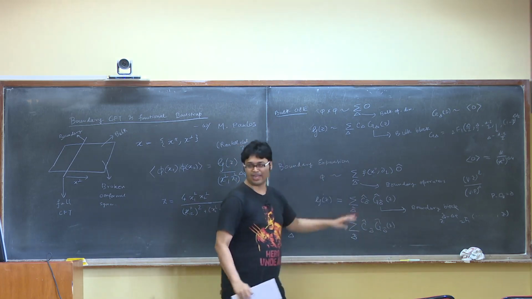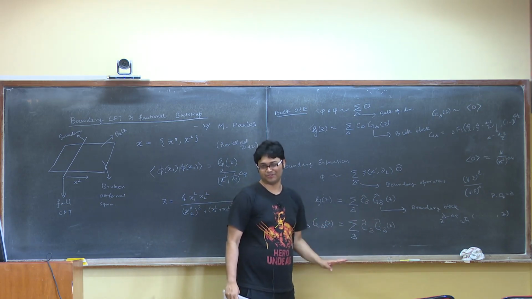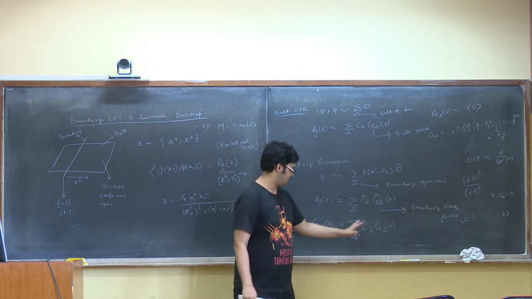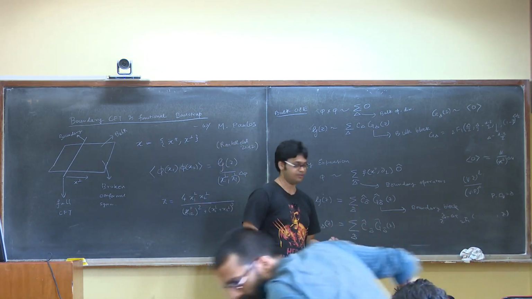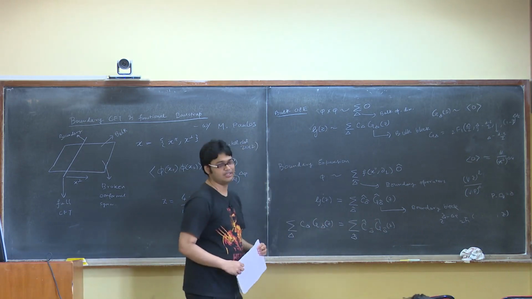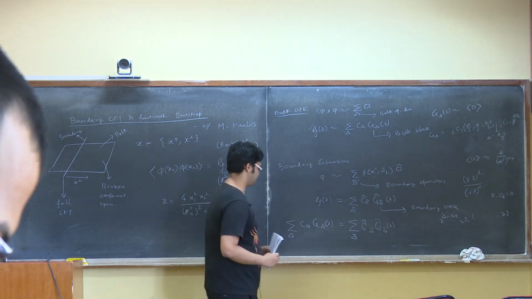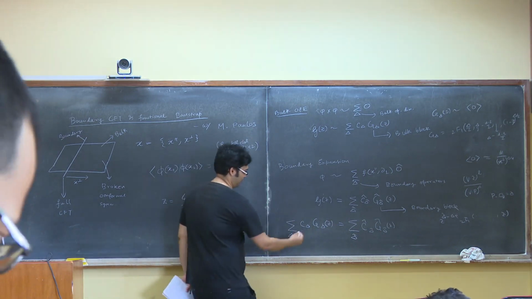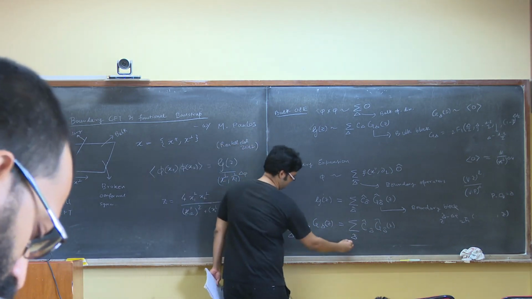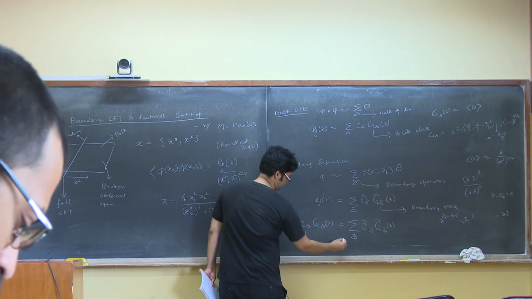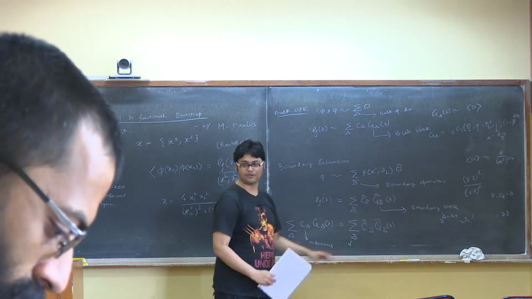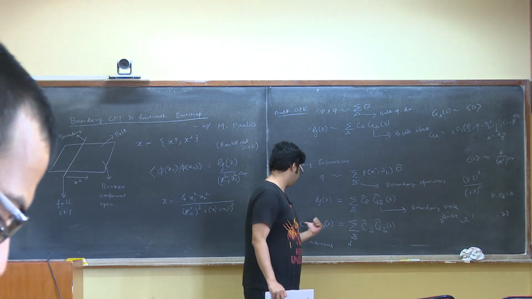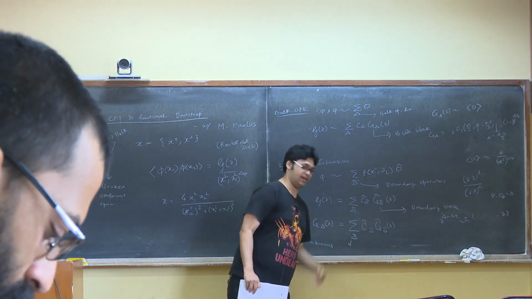So anything with a hat is basically related to boundary operators. C hat is the coefficients for the operators in the boundary, G hat is the boundary block. So just keep that in your mind. And the unknowns are these guys. So when we solve it, we have to solve for C delta, C hat, and delta hat.